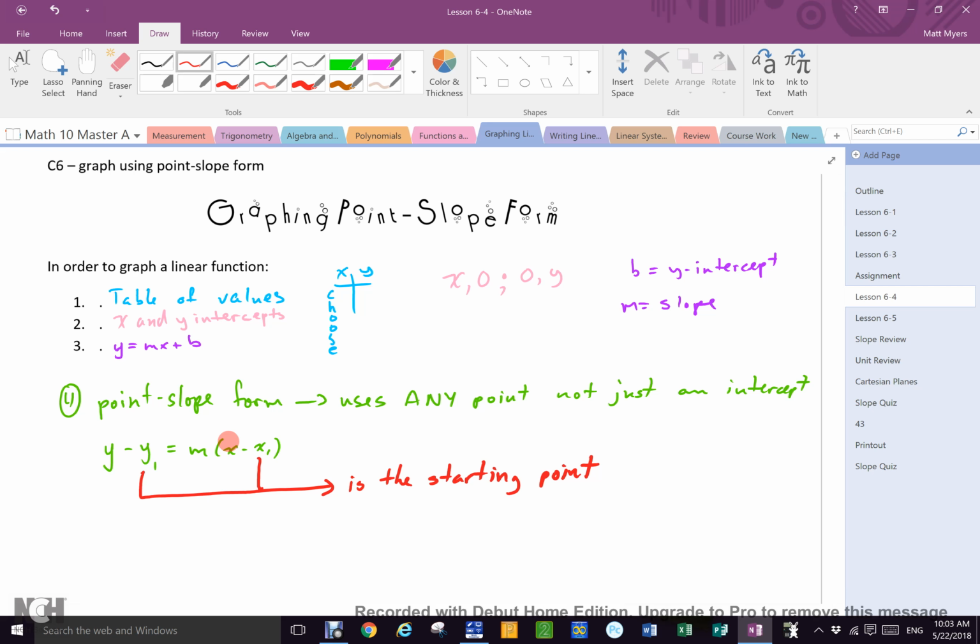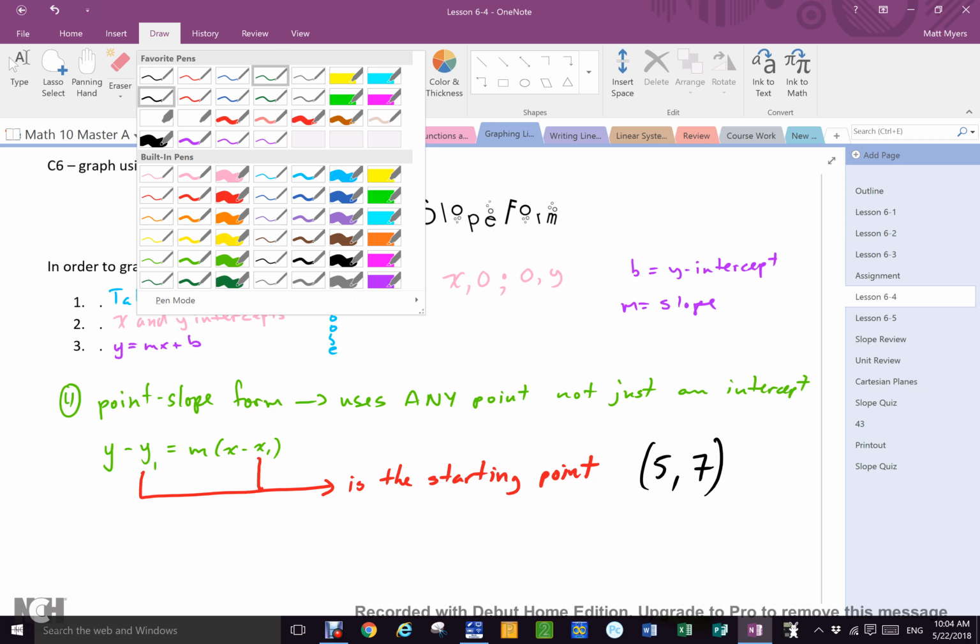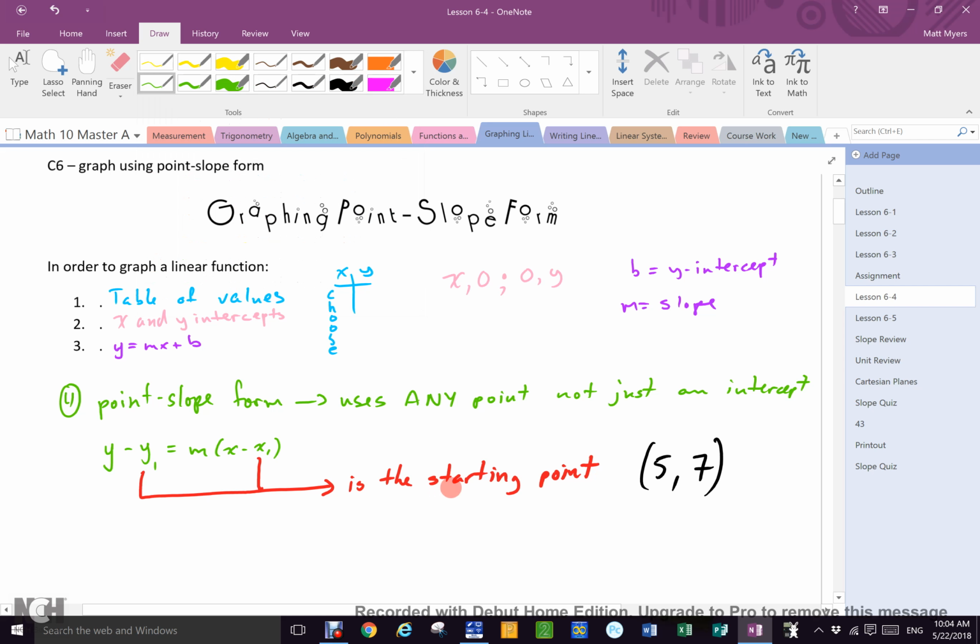Everybody understand? So, if I gave you any point on the graph, if I told you, somebody give me a number between 1 and 10. 5, give me another one. 7. There's a point on the graph, right? If I told you that point is on this line, where would I put the 5 and the 7? This is the starting point.